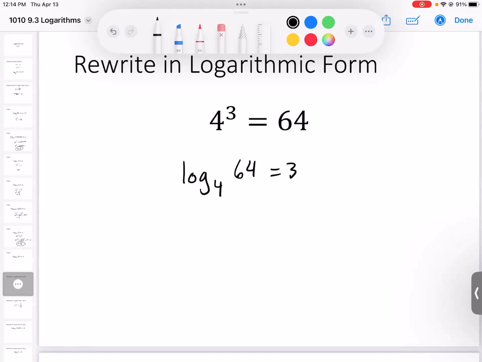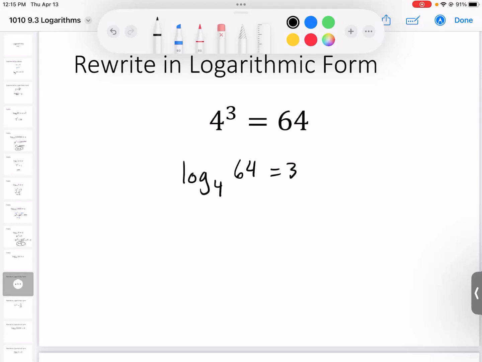And in this case, we know the exponent is 3. So the log form of this equation is log base 4 of 64 equals 3. Because the way that logs work is the base is determined by the base of your power. You take the log of the thing that the power equals, and then that will give you the exponent for the power. Any questions on that?